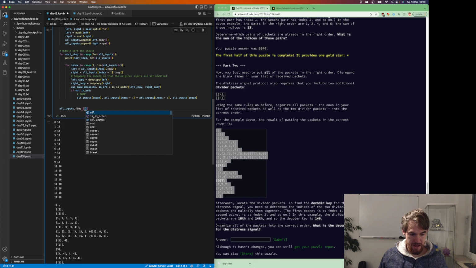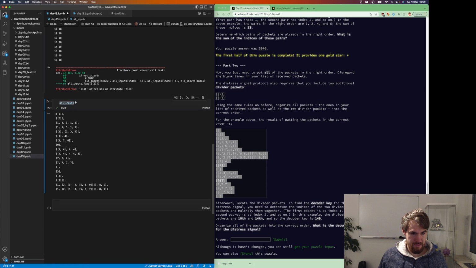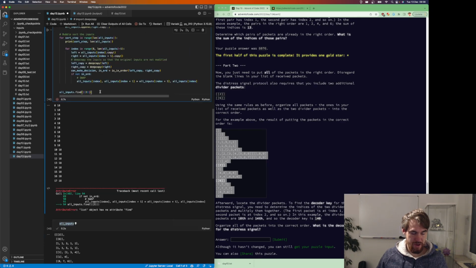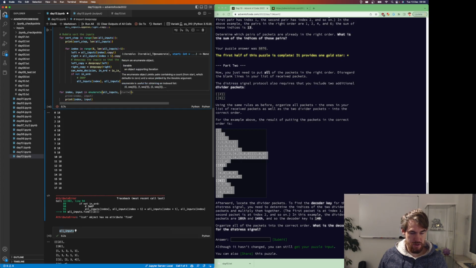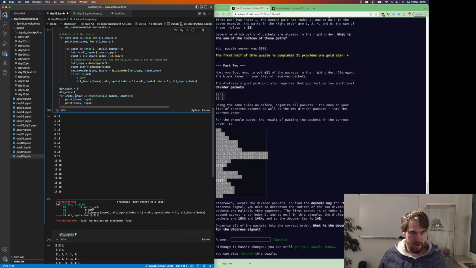Okay. Do you think I can find the two? Okay. To find the divider packets, for index, input, div start is div end.